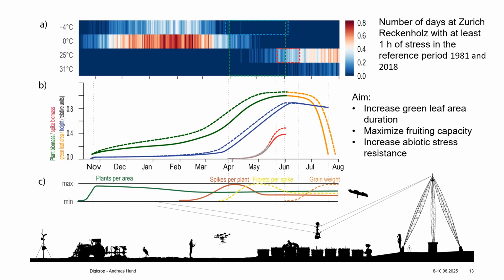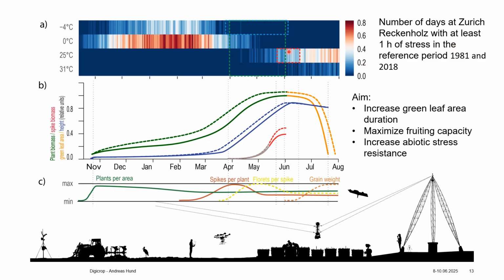Why is that important? Simply because it is important when the plant is going through sensitive stages, particularly when it is around flowering, for example. So heat around flowering is an important trait. And here I depict about a 40 years period at Zurich Reckenholz, where we measured, or the Agrometeo station, or the MeteoSwiss station, measured temperatures.